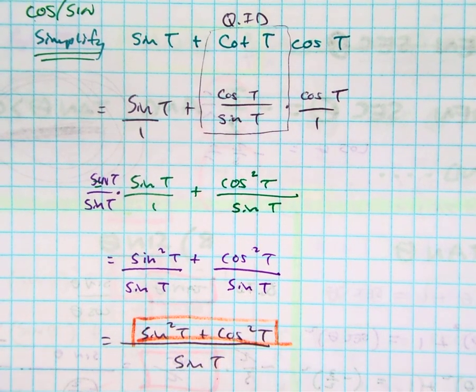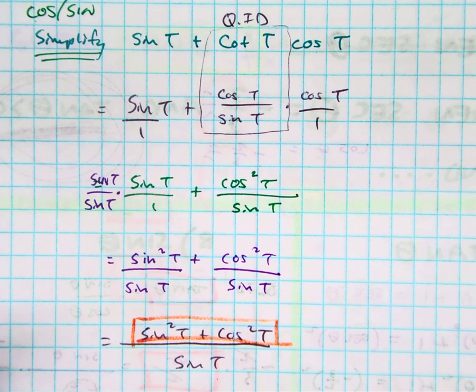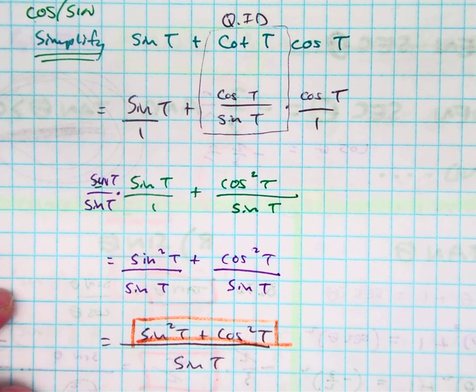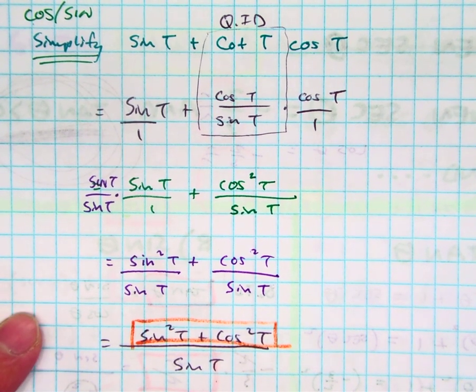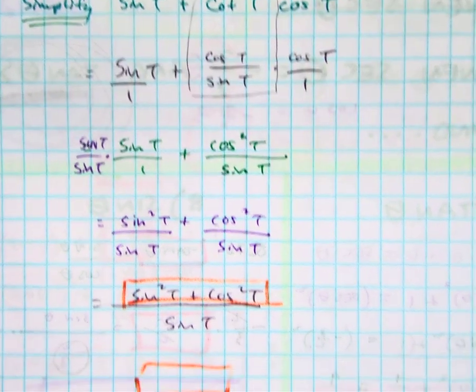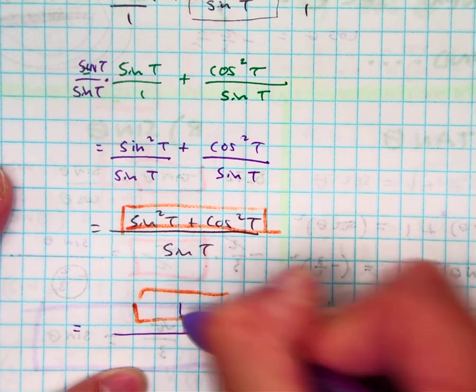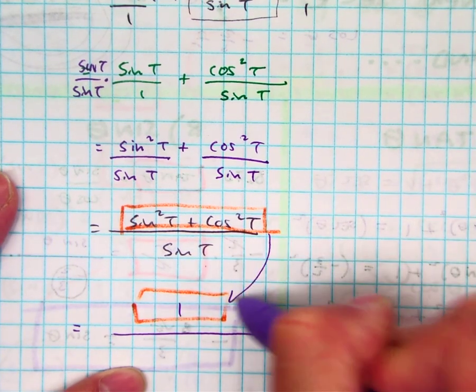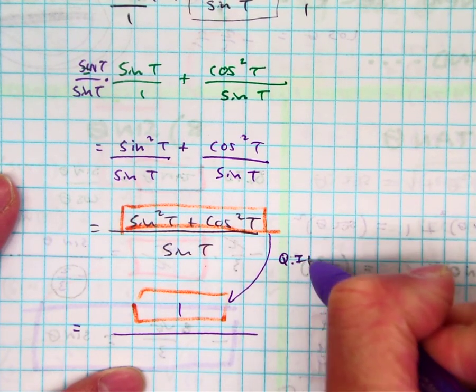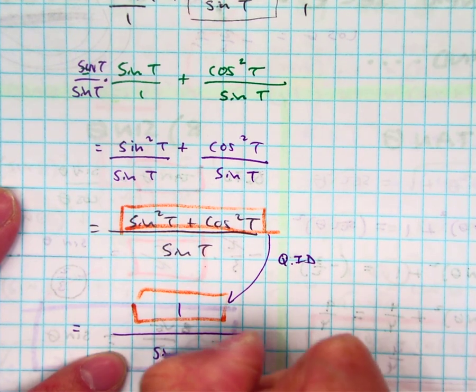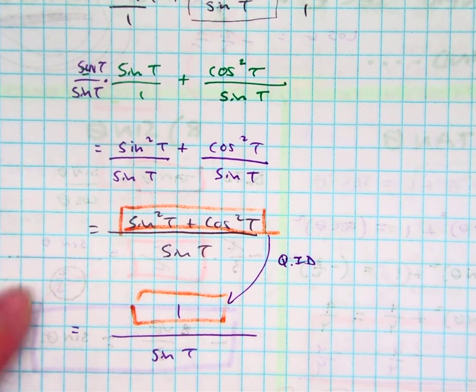Tell me, what do you know about sine squared t plus cosine squared t? That equals what? 1. Why is that? That's the Pythagorean identity. So now I have 1 over sine of t.